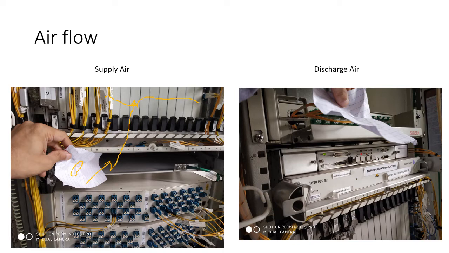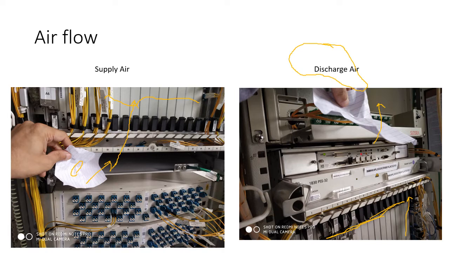Now just look at the right hand side photograph, which shows the discharge air. Here we can see the top portion, the air will come this way, and then finally it will cool all these units. It will become hot, and from this place it will go to the top side.